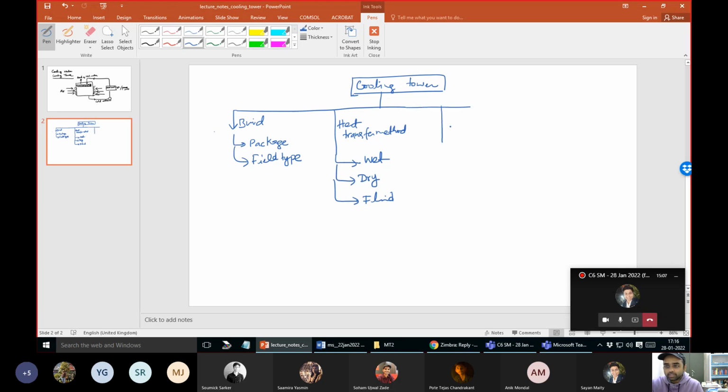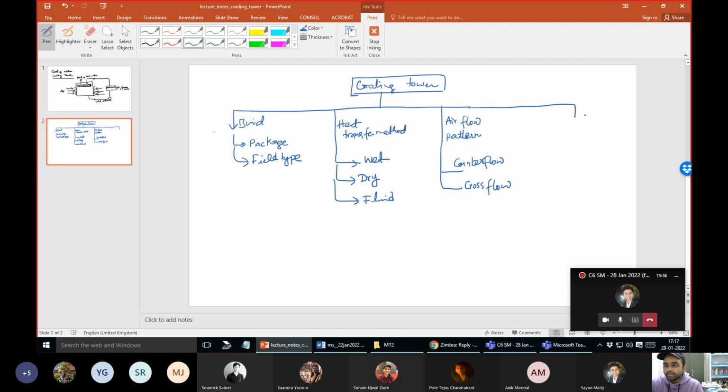There is another classification type based on the air flow pattern, whether it is counterflow or whether it is cross flow, right?